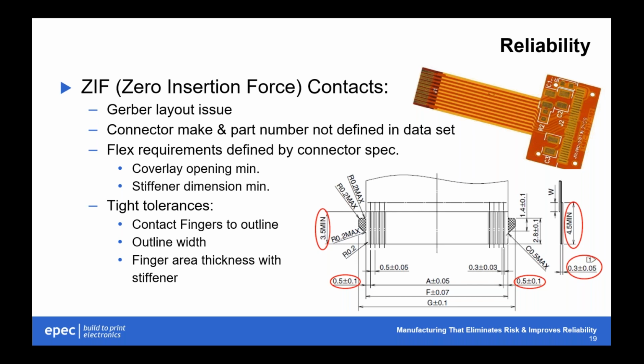The width of the part outline is critical, and the finger area thickness with the stiffener is critical. All of these elements are necessary to ensure that the flex circuit engages the ZIF connector properly and reliably, and it is part of our design review to ensure that the Gerber layout was done correctly in order to meet these specifications.